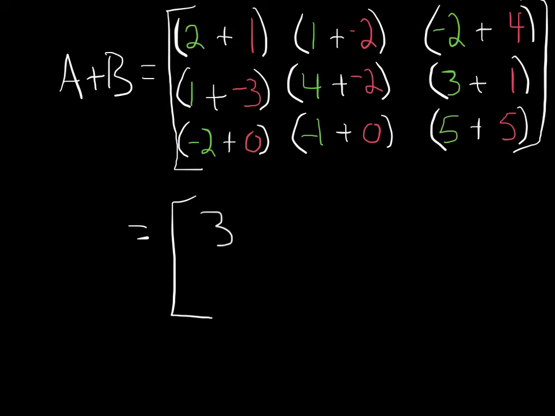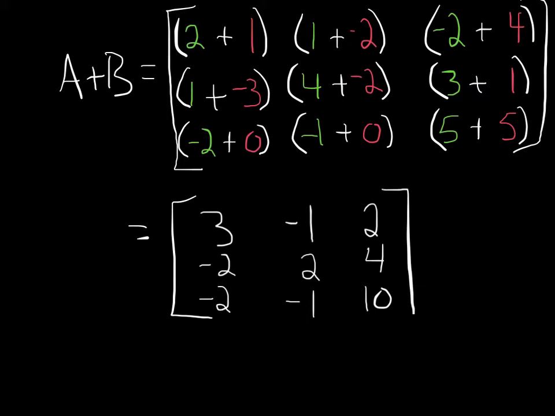And I'm just going to do that all the way down. 1 plus negative 2 gives me negative 1. Negative 2 plus 4 is 2. 1 plus negative 3 is negative 2. 4 plus negative 2 is 2. 3 plus 1 is 4. Negative 2 plus 0, negative 2. Negative 1 plus 0 is negative 1. 5 plus 5, 10. And there you go.